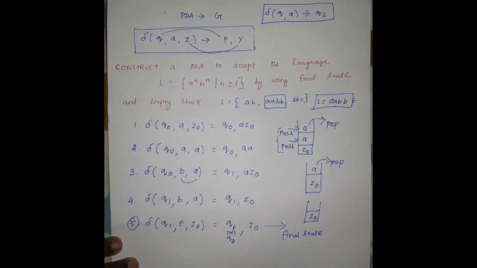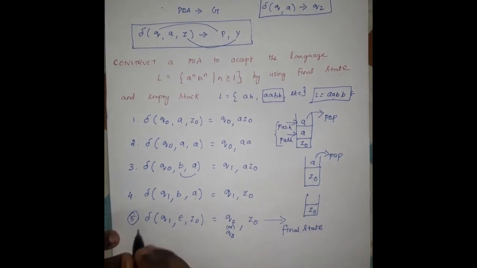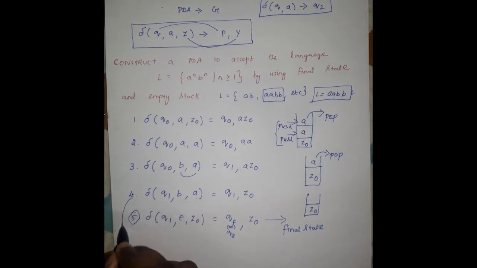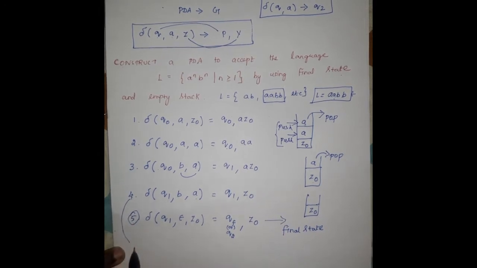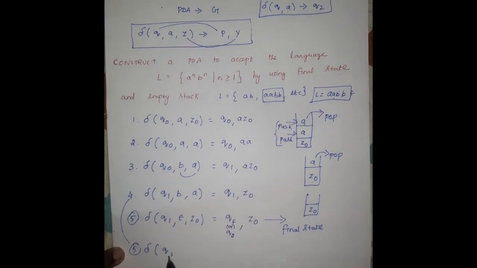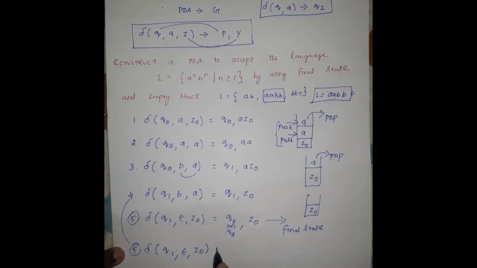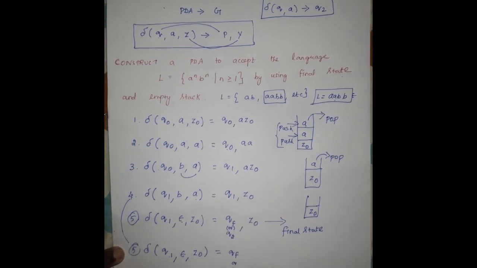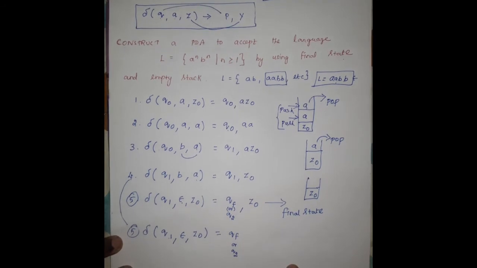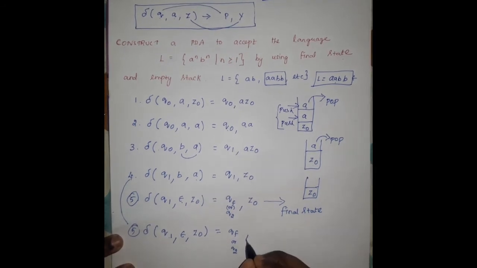In case you are using empty stack, we take the same step. After step 4 the step is 5. So delta of the same state Q0 is the next state, and the input symbol is epsilon, and the top of the stack is Z0, and it always goes to the final state. It is either QF or Q2, because the next state of Q2 is Q1, comma.